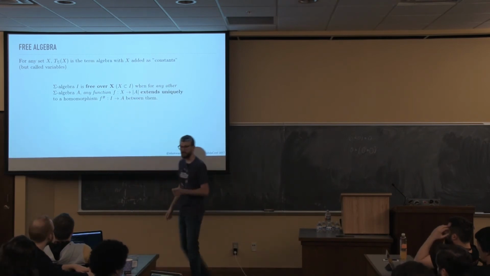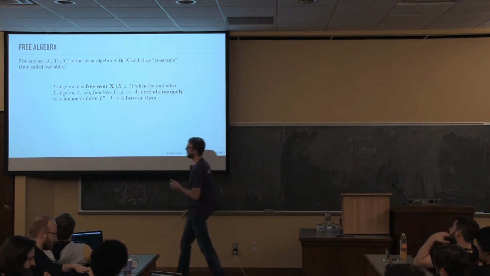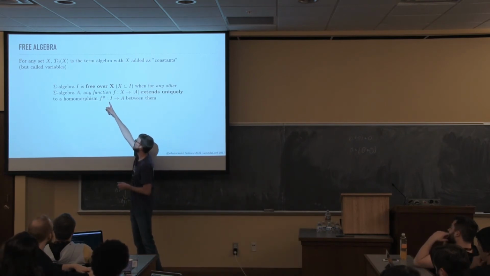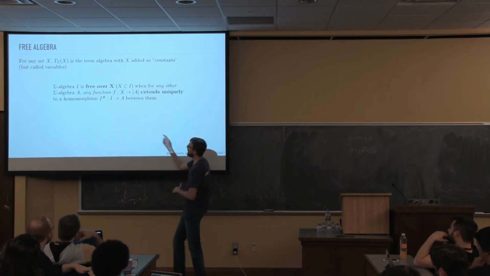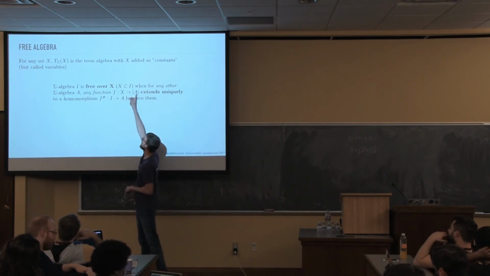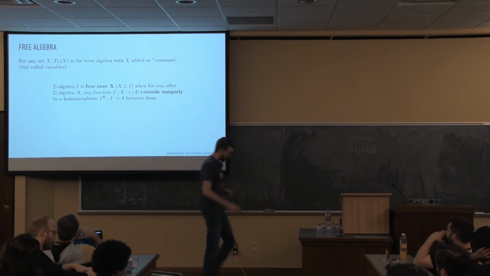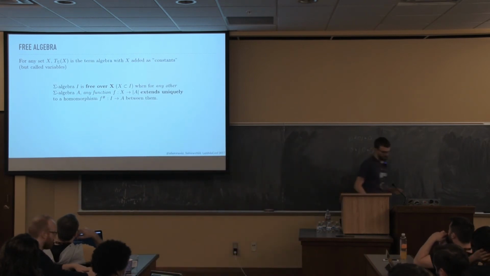In the initiality condition, we only require that there always exists a function from I to A. Here we have the additional complication that this function needs to extend the function from X to A.